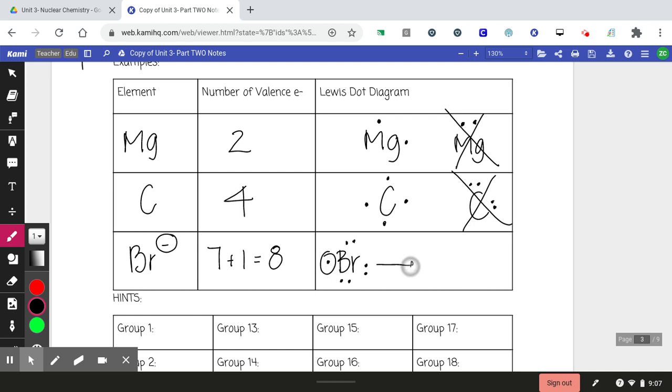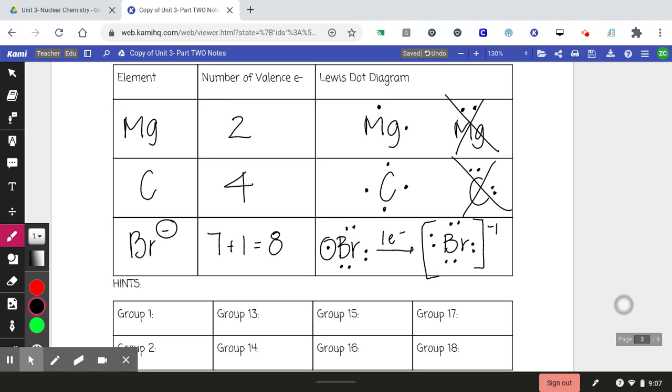But now if we add 1 electron to it, we get 1, 2, 3, 4, 5, 6, 7, 8. And we're going to put this in brackets to show that it's an ion and have our -1 charge on the outside. So we have neutral atoms and we have our ions that we can draw. And then it'd be the opposite if we had something with a +1 charge.